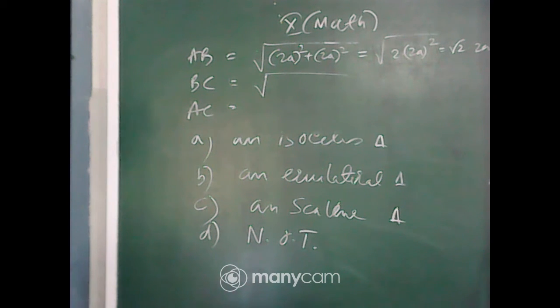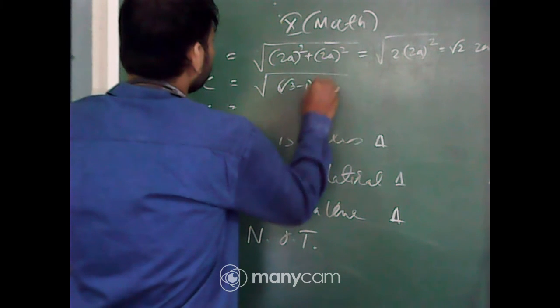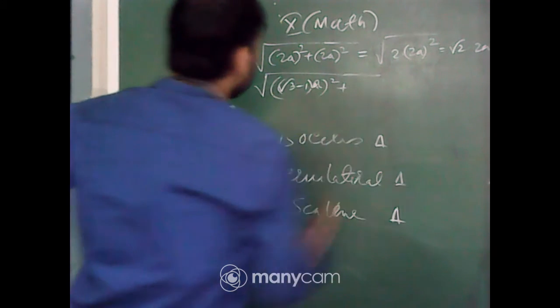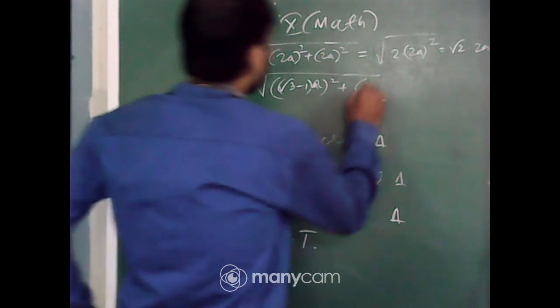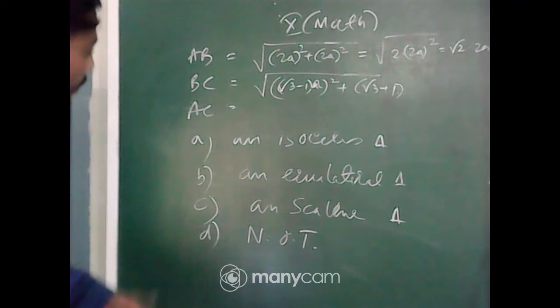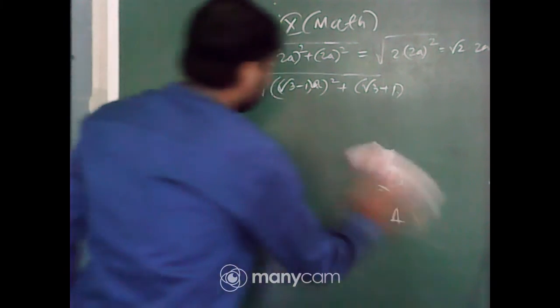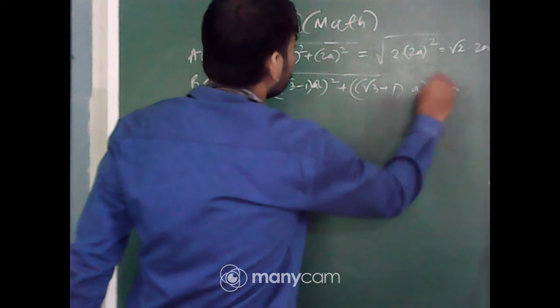BC means root over (root 3 minus 1) into a whole square plus (root 3 plus 1) into a whole square.